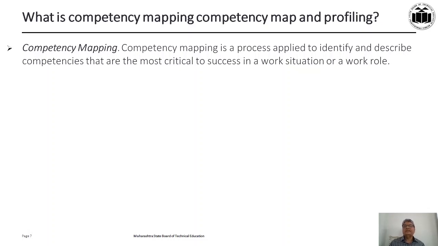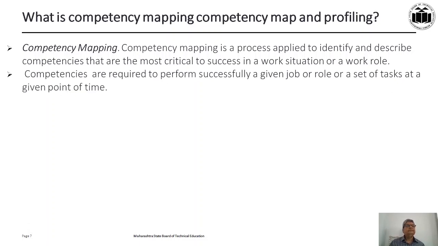As we discussed, the critical success factors for a lawyer are the oral skill, the presentation skill, and the courage he must possess. Competencies are required to perform successfully a given job or role or a set of tasks at a given point of time.